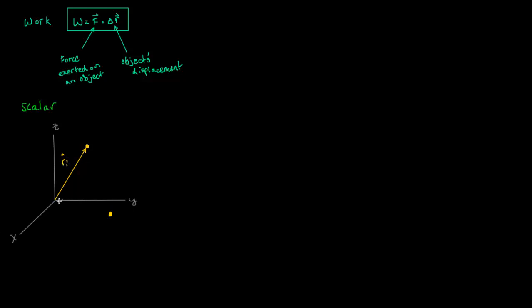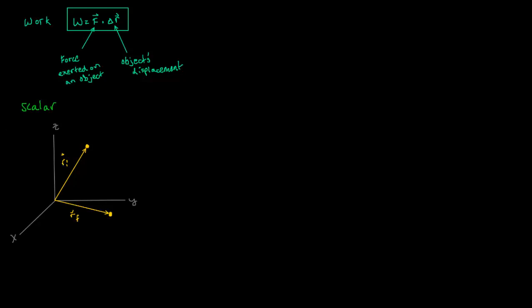Then I'm going to draw another arrow going from the origin to another place. That is my position vector Rf. Now I'm going to connect them.